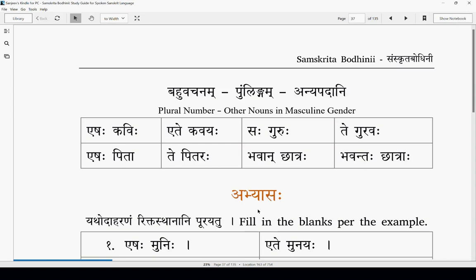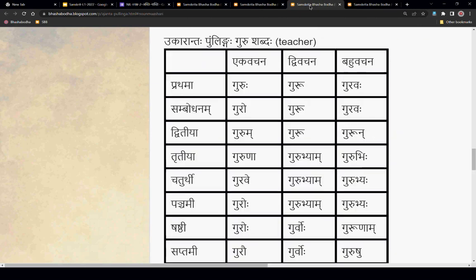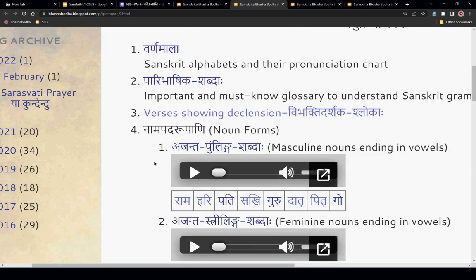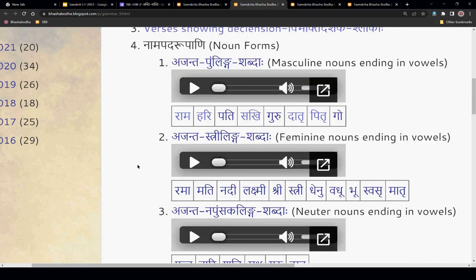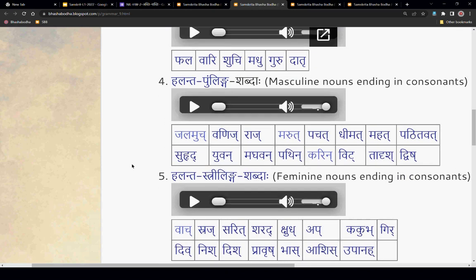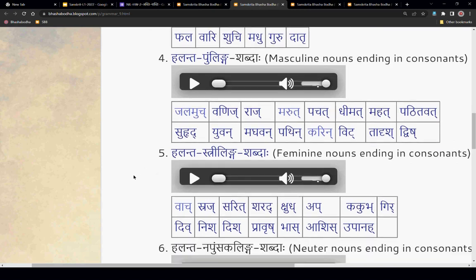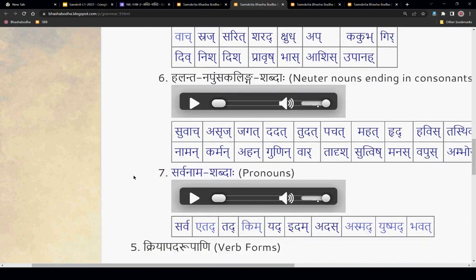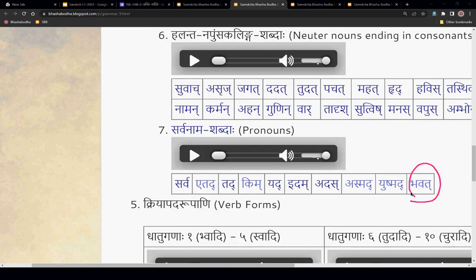If you look at its table, here it is Sarvanama, Bhavat. It is a Sarvanama Shabda. This is the root word, the base word, ending in a consonant, not a swara.